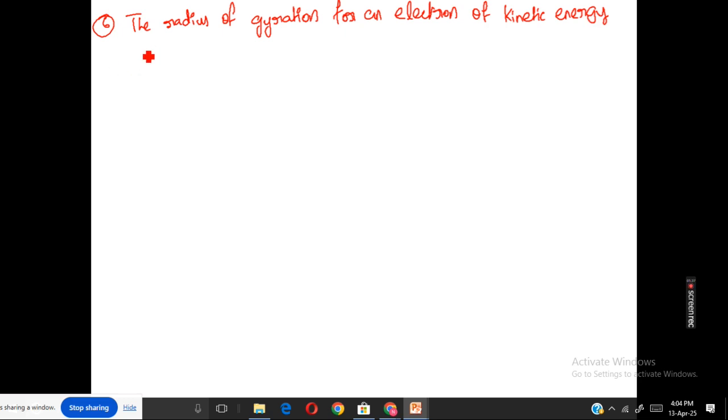The radius of gyration for an electron of kinetic energy 10 mega electron volt in Earth's magnetic field is 0.45 into 10 raised to minus 4 Tesla.